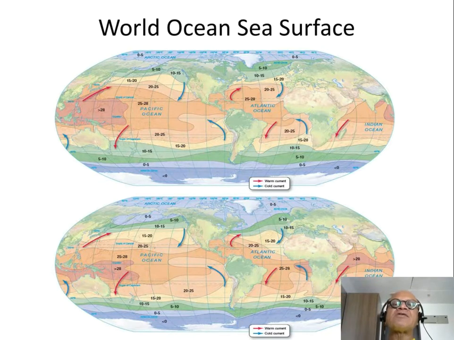So the entire warm pool moves with the sun. What does it remind you of? The animation we saw of the intertropical convergence zone, which was moving with the sun, right? So the maximum heating, maximum rising air, maximum convergence, maximum rain, etc. also move with the sun.